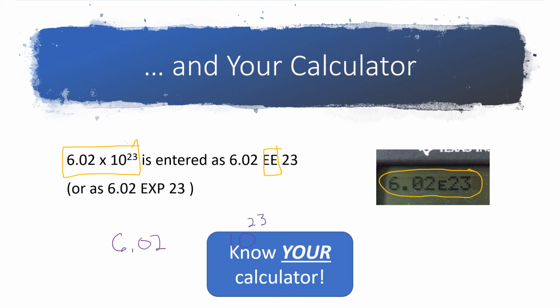And so if you aren't super, super careful about how you're typing things in, where you wanted this to be one big number, your calculator will treat these as two separate numbers, and you maybe wanted to divide by this whole number, and instead you divide by the 6.02 part and then you multiply by the 10 to the 23rd part. So it's really advantageous to use the EE or EXP key in communicating with your calculator to make sure that the calculator keeps those two numbers locked together.